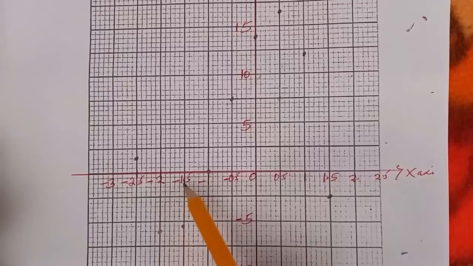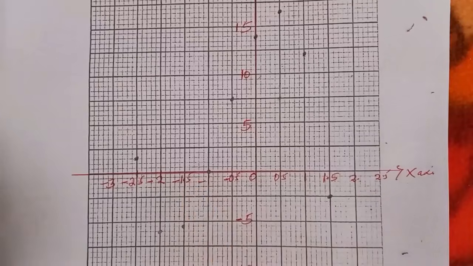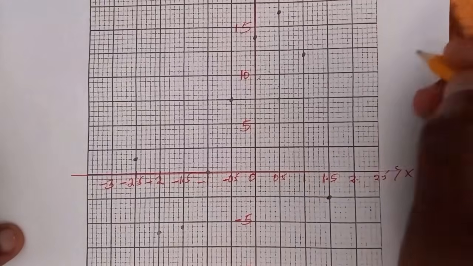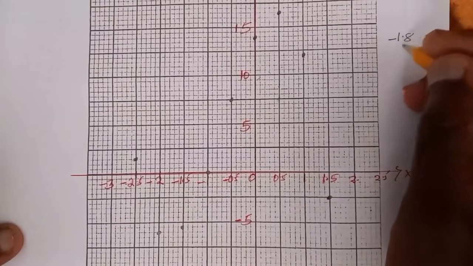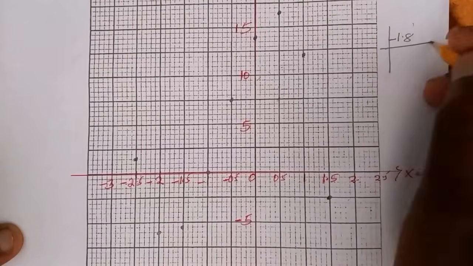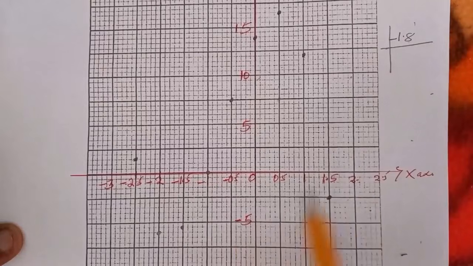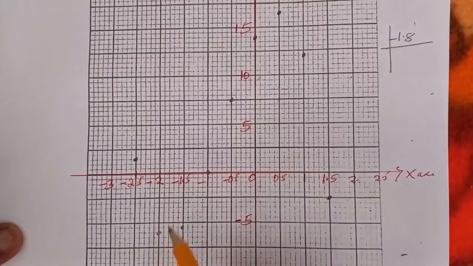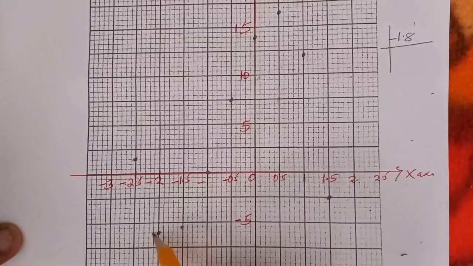You can introduce negative 1.8. Use a calculator to work that out. When x is negative 1.8, it is easier to draw a smooth curve when you introduce a point between negative 1.5 and negative 2.